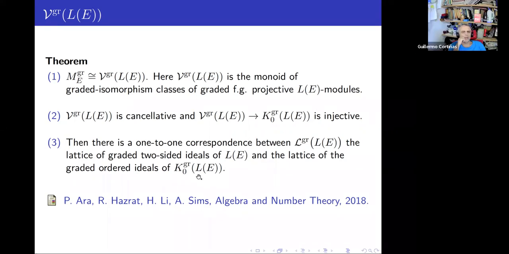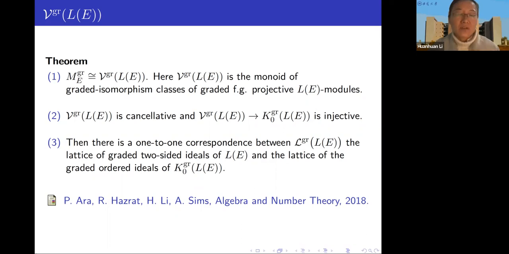What is the graded? The word graded. We're referring to order ideals of K0 gr. What does it mean there? Does it have something to do with the equivariance of the action? Oh yeah.